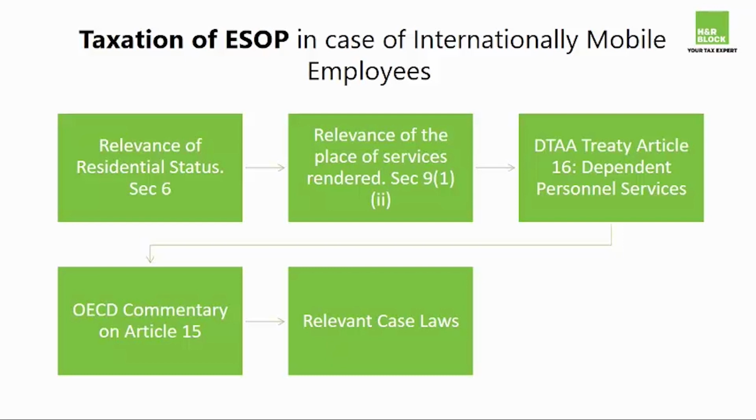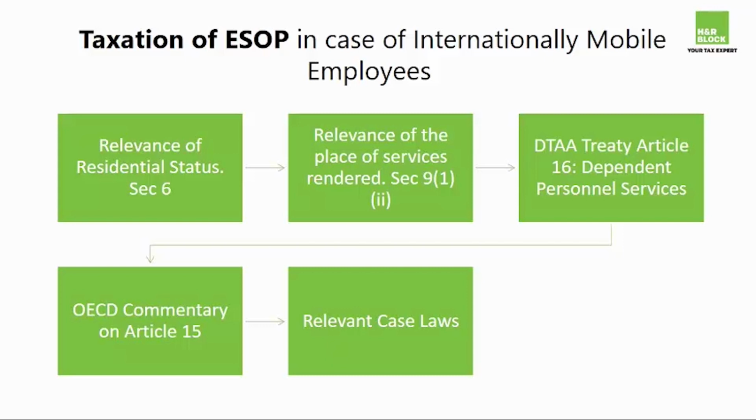DTA Article 16, Dependent Personal Services. Generally the article number which talks about dependent personal services, nothing but salary, is 16. This article gives the taxing right to the country where the income is earned, that is, where the related services are rendered.